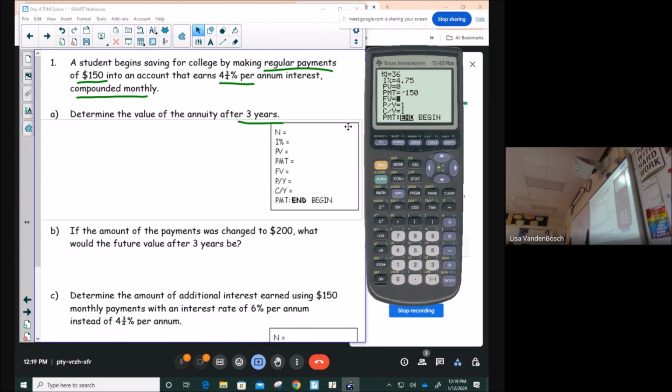Okay, future value. What's my future value going to be? We have no idea. So we're just going to skip that over. We're going to go down to PY. If you try to erase whatever number you have in there, it won't let you go down. So just put a number in if you've erased it.